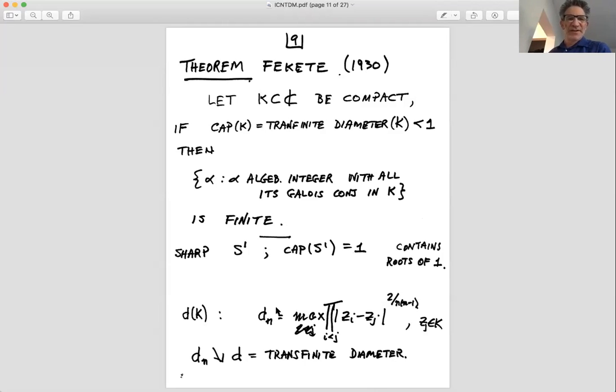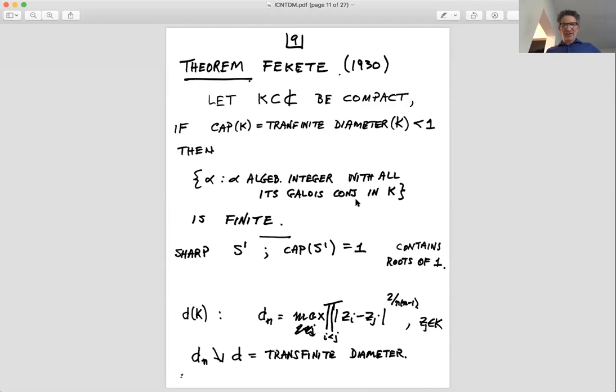And that is, if you have a compact subset in the plane, so now we're back to basic statements, not necessarily easy proofs, but basic statements. If you have a compact subset in the plane, and suppose you ask about all the algebraic integers which lie inside the set, as well as all their Galois conjugates, should also lie in the compact set.